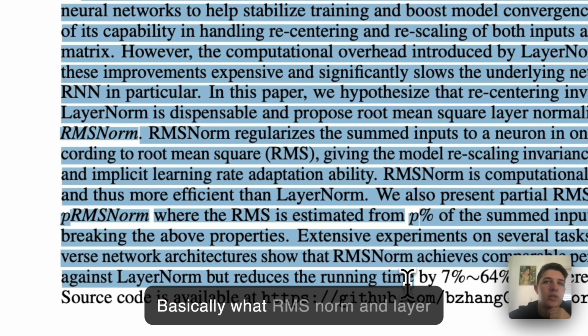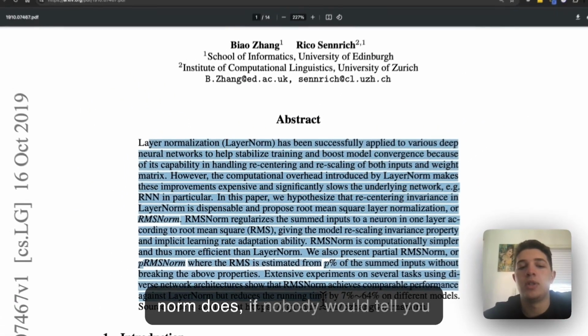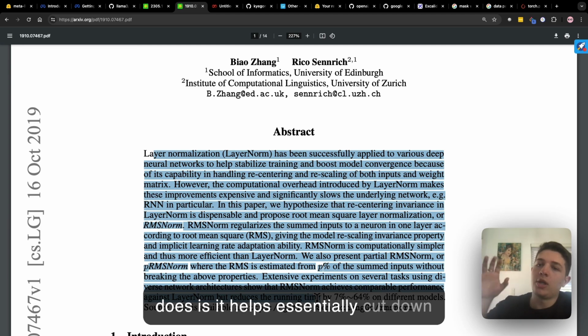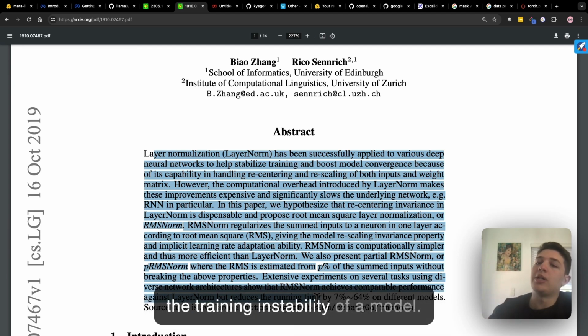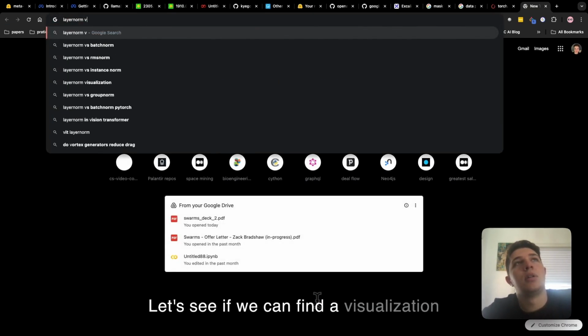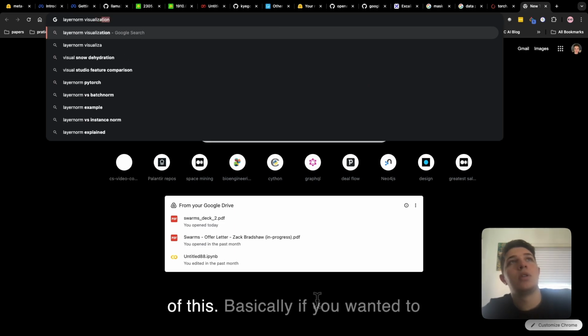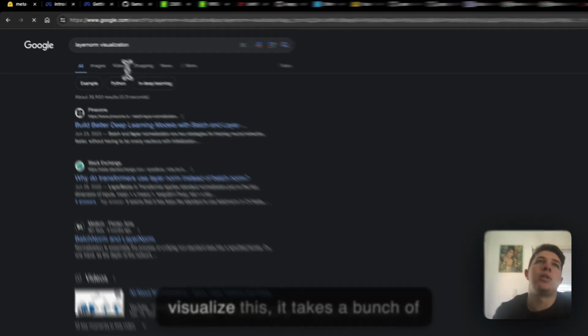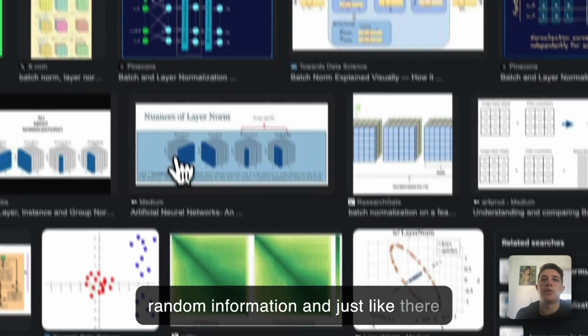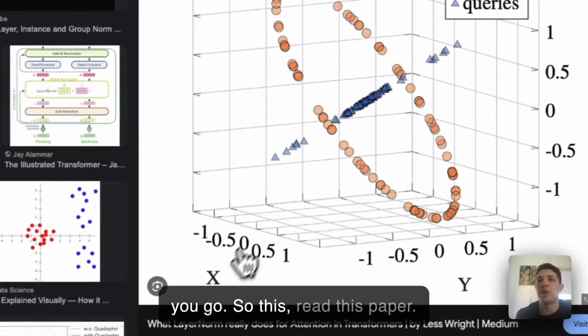Basically, what RMS norm and layer norm does, if nobody will tell you this, is it helps essentially cut down the training instability of a model. Let's see if we can find a visualization of this. Basically, if you wanted to visualize this, it takes a bunch of random information and just like, there you go. So read this paper.